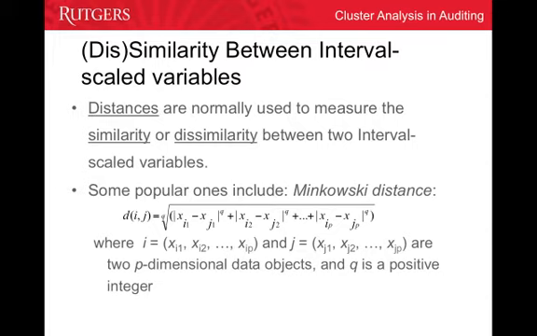Okay, so first let's take a look at the similarity or dissimilarity between the interval scaled variables, or the quantitative or continuous variables. Usually we use distance to measure the similarity or dissimilarity between two quantitative variables.